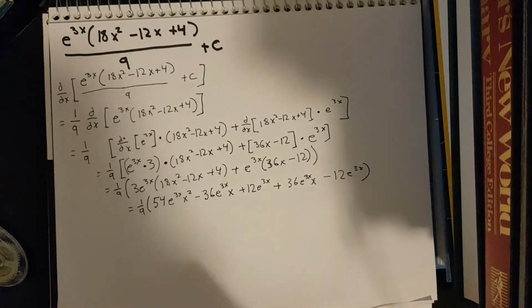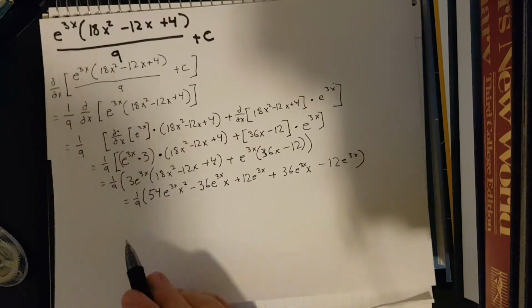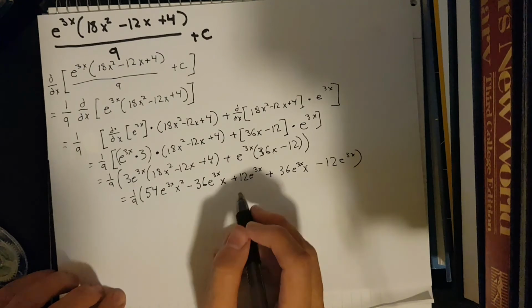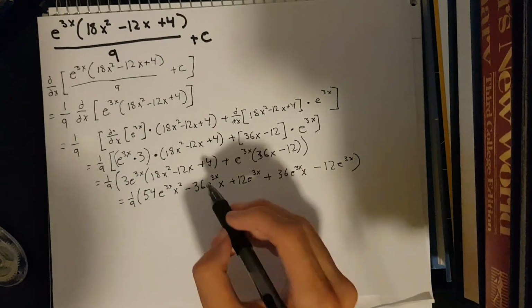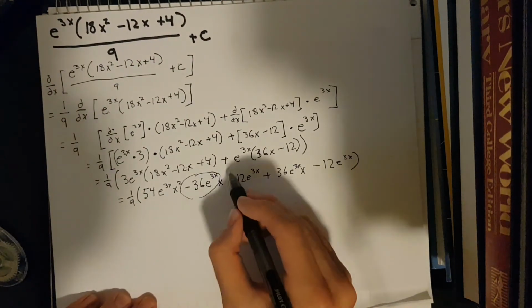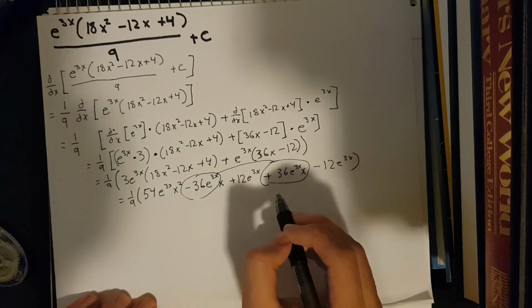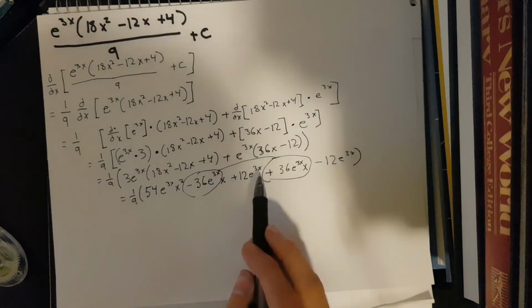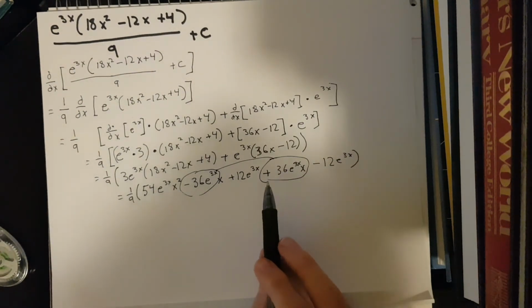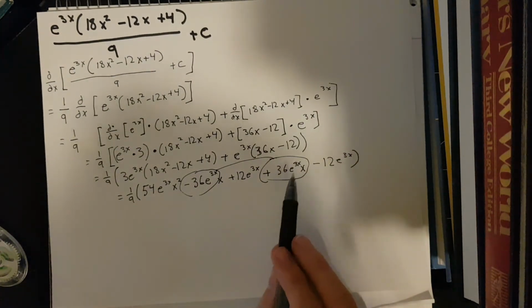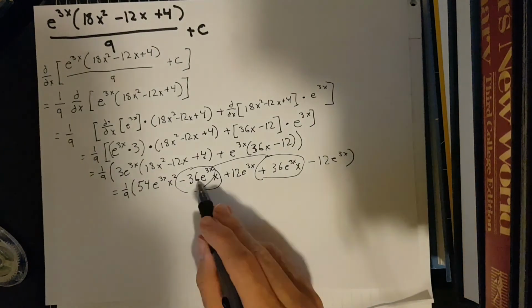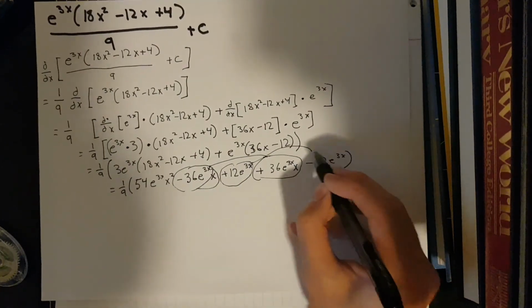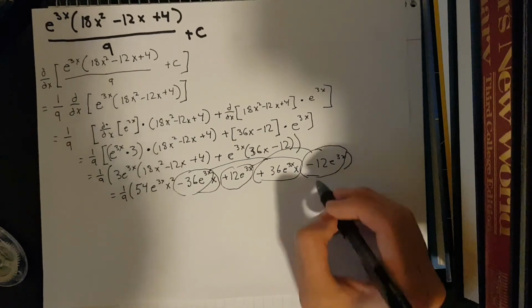But okay, so now we could bring back the 1/9, so it'll all be over 9. But also, we see that this and this, negative 36 times e to the 3x x plus positive 36 e to the 3x times x, these two would equal 0. And this equals 0.